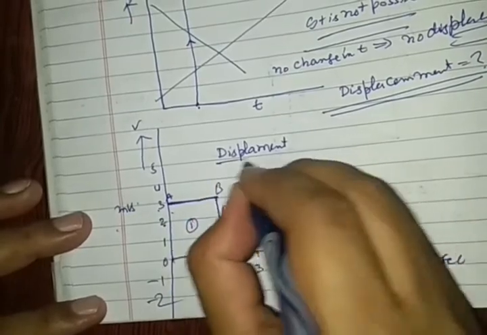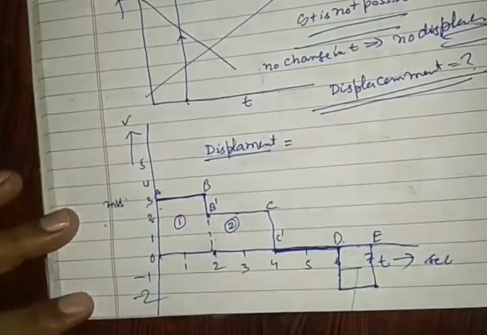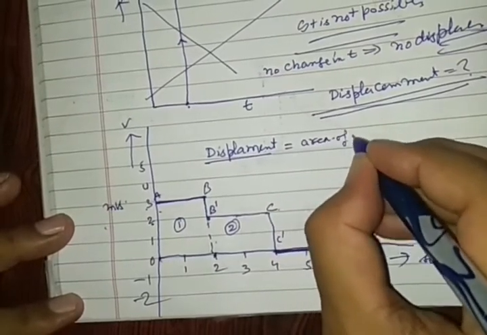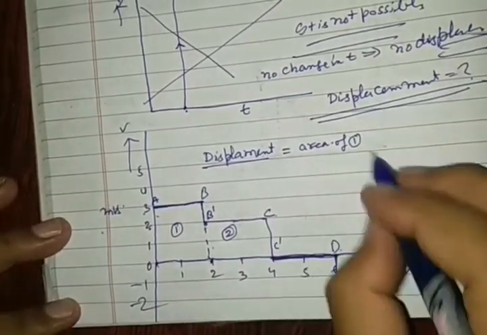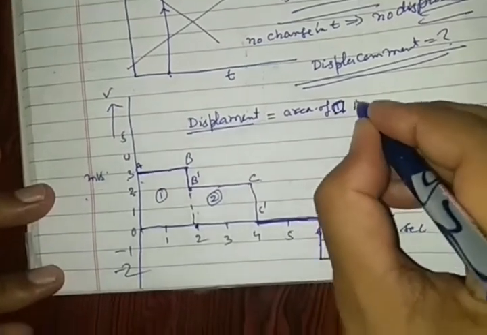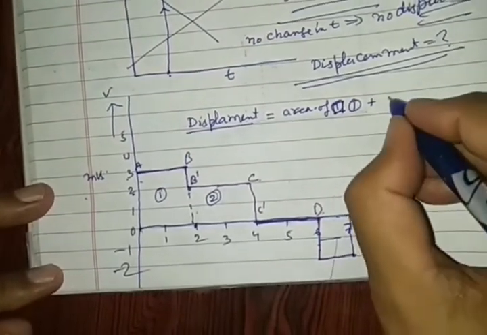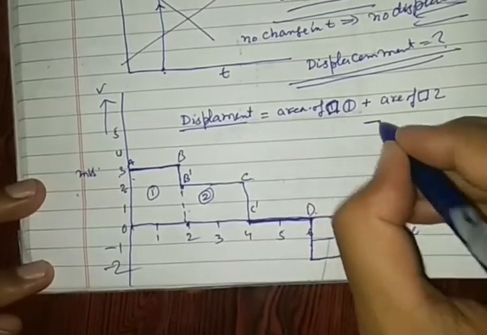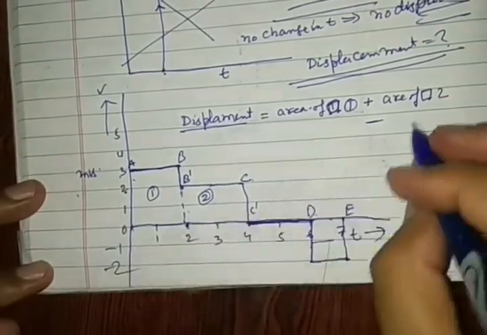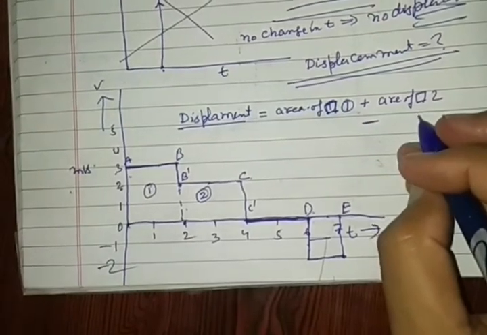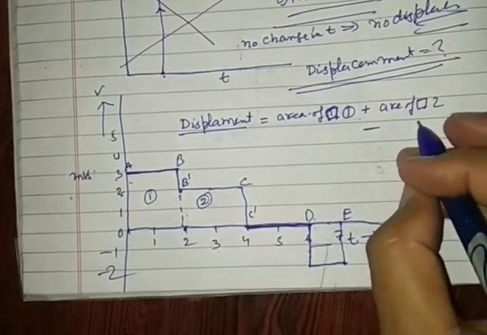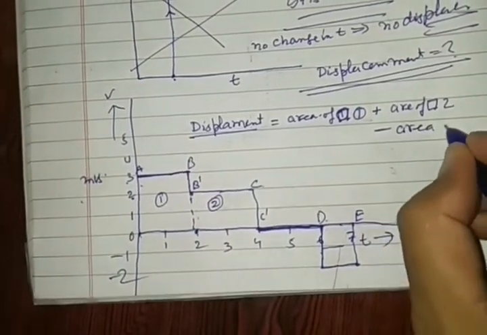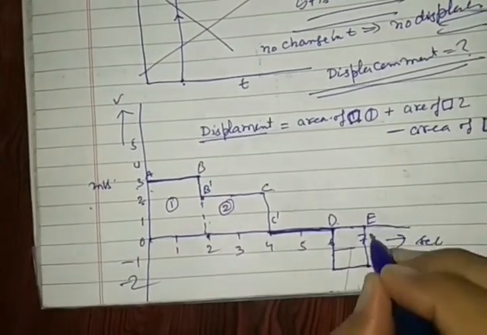Displacement is equal to area of rectangle 1 plus area of rectangle 2. So now it is moving back, and the displacement is the shortest distance between the initial and the final point. So it becomes now minus area of rectangle 3.